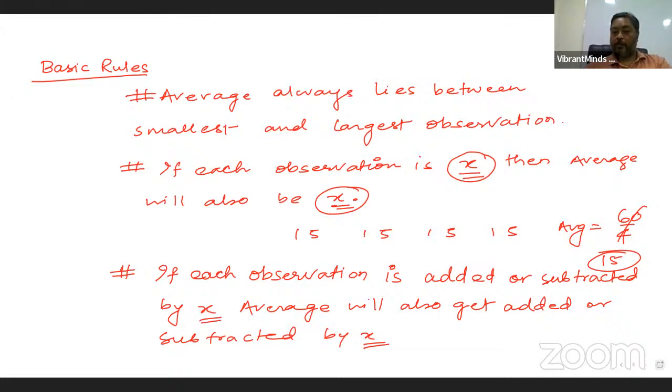Let's look at it. Suppose I have few numbers. Again, I am taking same example. 12, 13, 17, 18, 20. We already know average is what? Average is 60 by 5. Let's increase the number by 10.